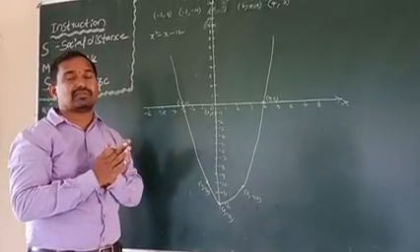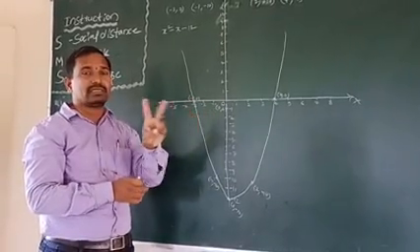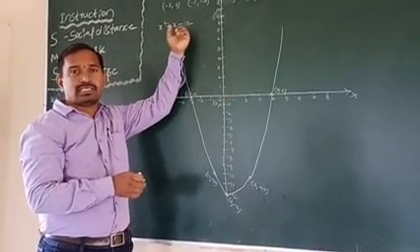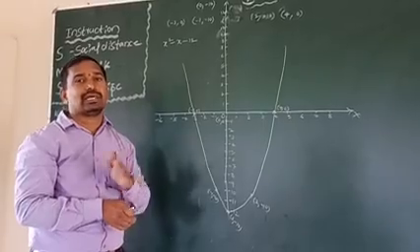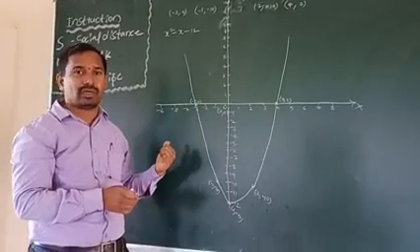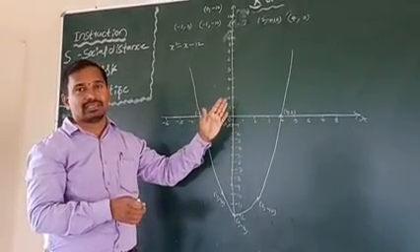So what is the justified answer? The graph meets the x-axis at 2 points, and the x coordinates of those points are zeros of the quadratic polynomial. That is the conclusion of the question. So you have to do the remaining problems like this.